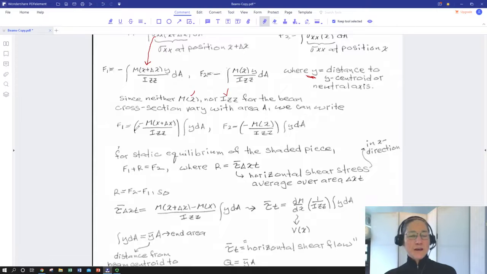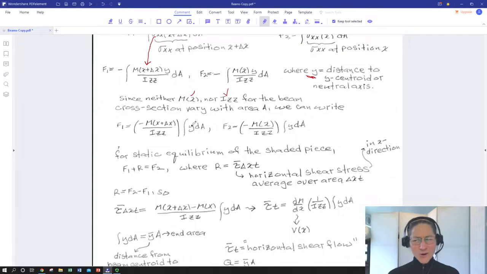So we can define F1 and F2 as just our moment at one position, our moment at another position, divided by the moment of inertia of the whole cross-section, times the integral of our position on that cross-section relative to its centroid, integrated over the whole area over which F1 or F2 is being applied.